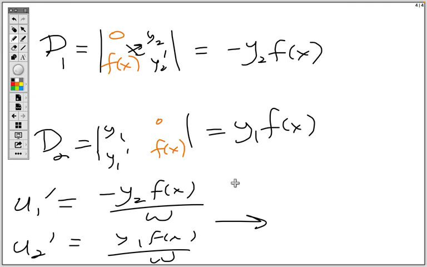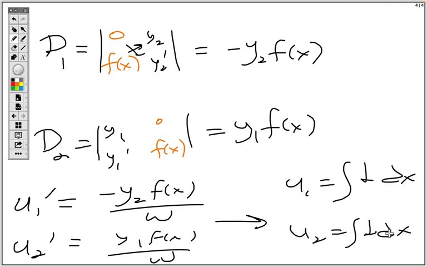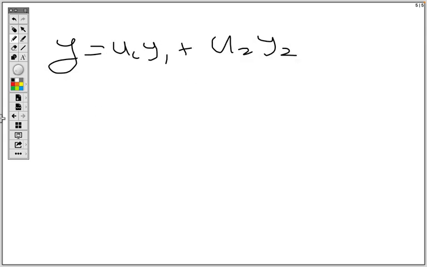And then we would integrate these to get u1, u2, and then finally we put all the pieces back together and get y is u1 y1 plus u2 y2.